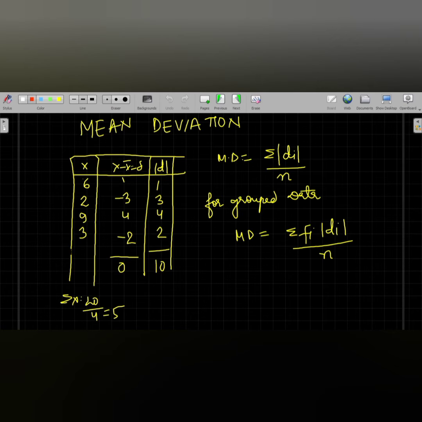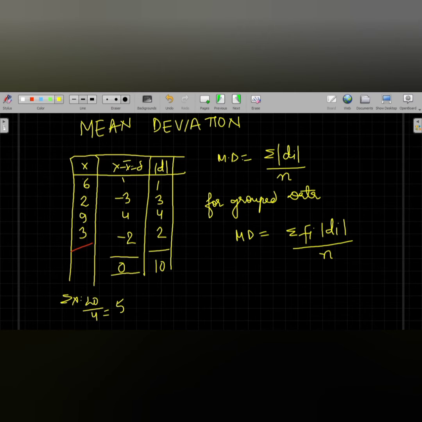First we'll take out the mean. The mean will be 5. Now we will calculate the deviation. So I have calculated here the deviation. When we add up all these deviations, the sum will be 0.